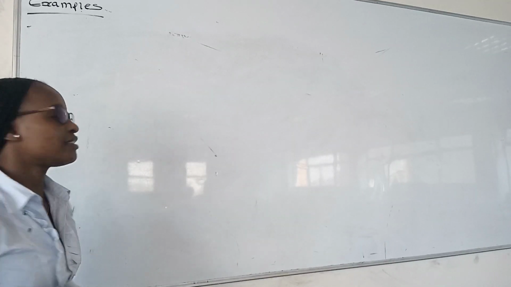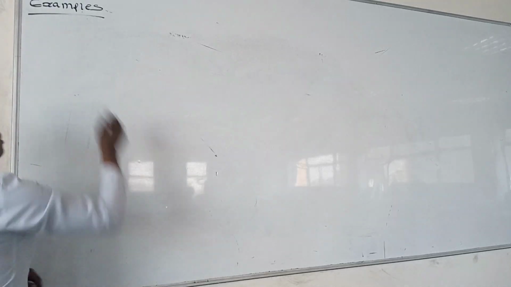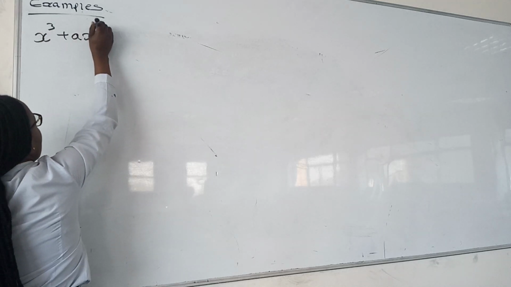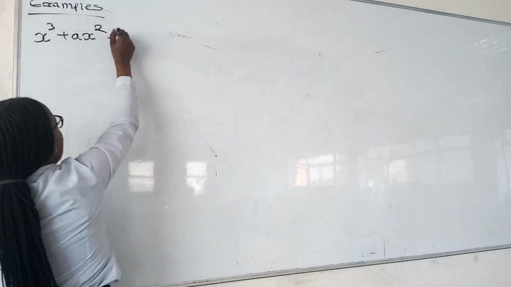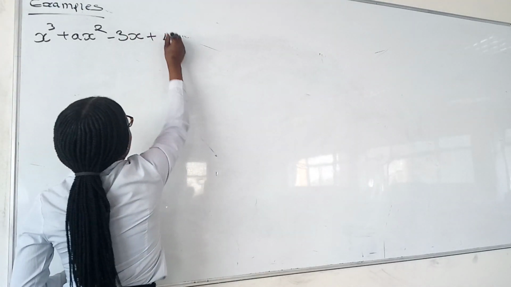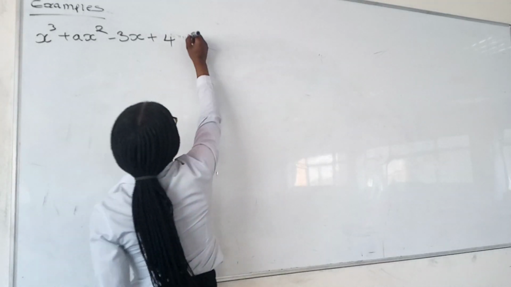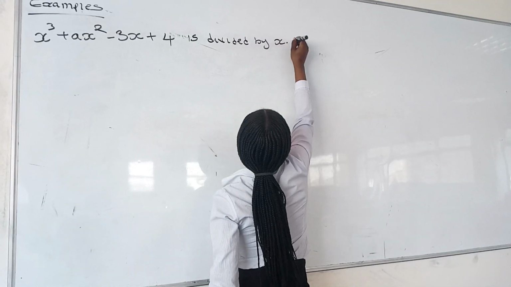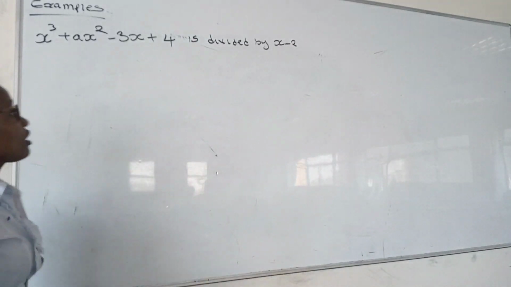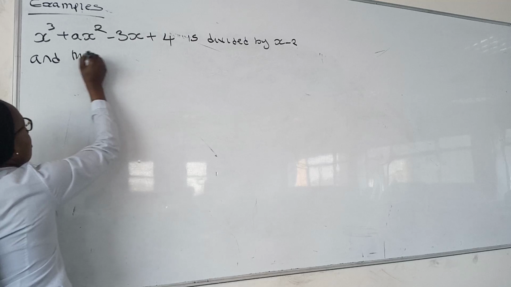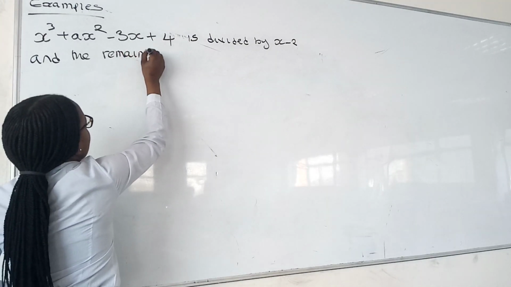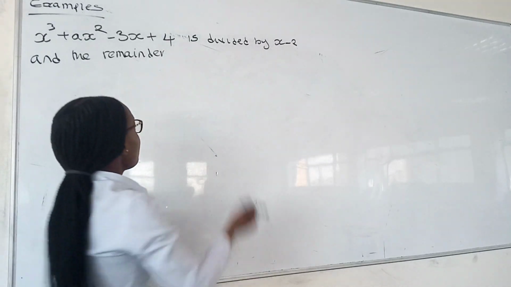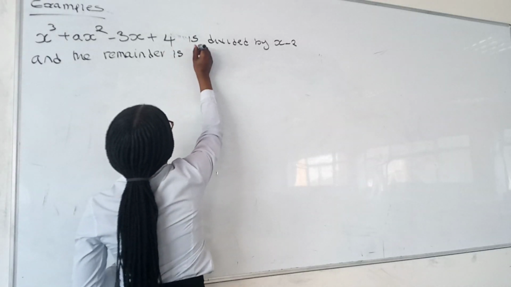We are told that the polynomial, x to the power 3 plus ax to the power 2 minus 3x plus 4, is divided by x minus 2, and the remainder that we get when this polynomial is divided by x minus 2 is 14.